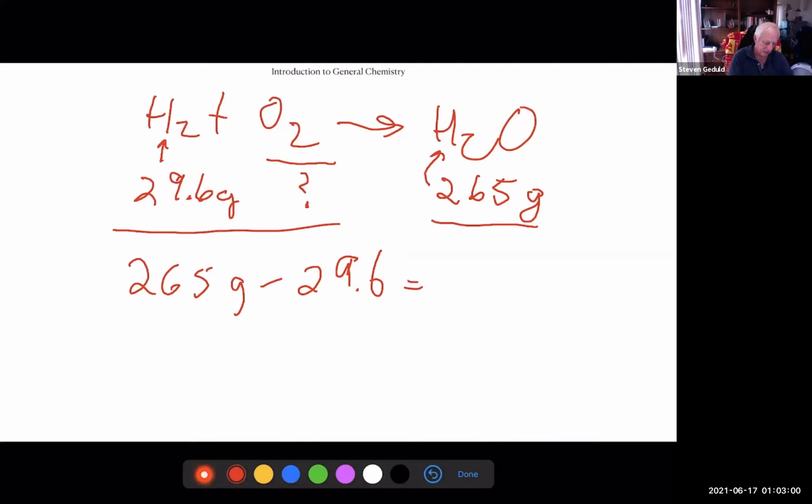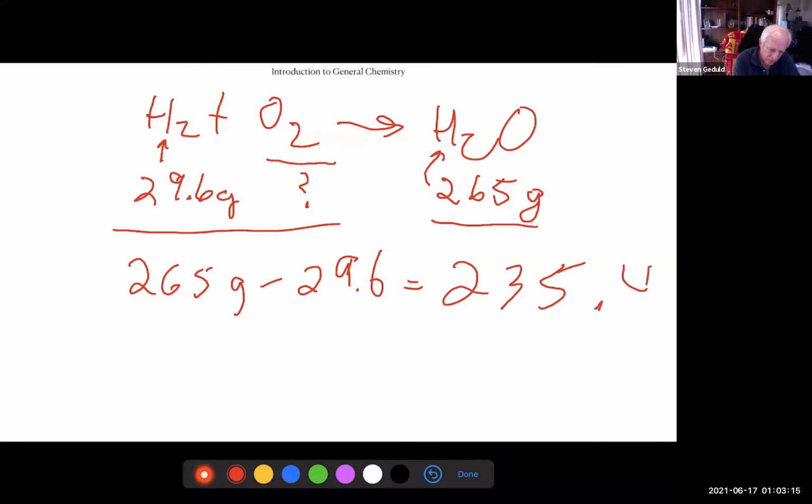You take 265, subtract 29.6, and that comes out to 235.4 grams of oxygen.